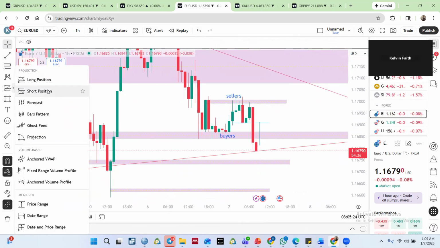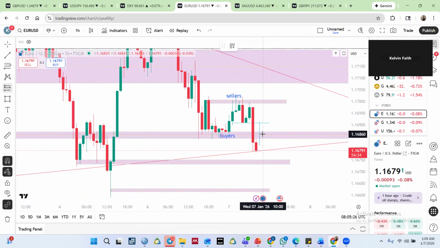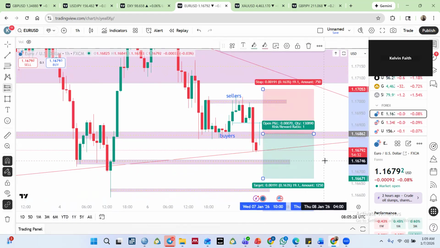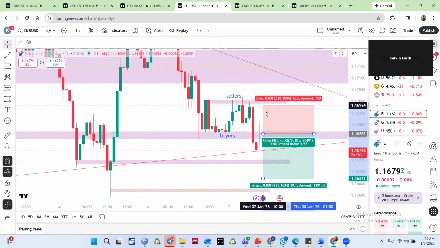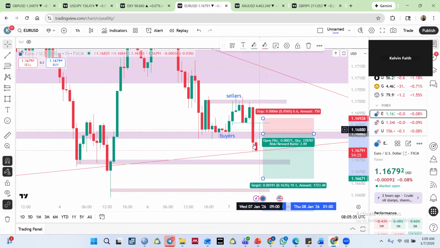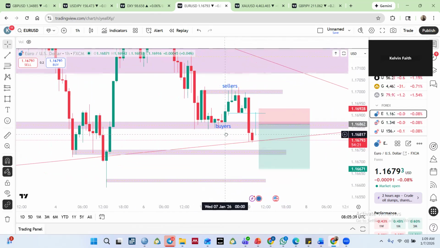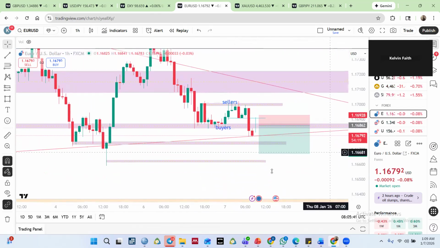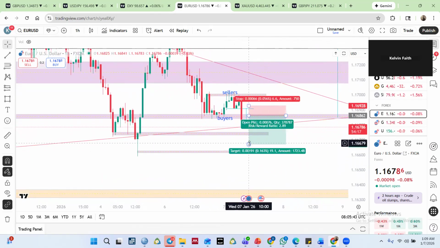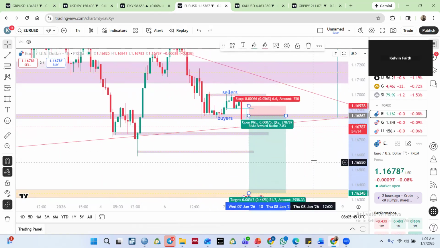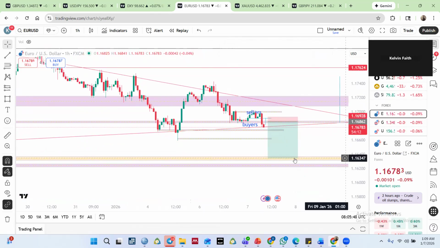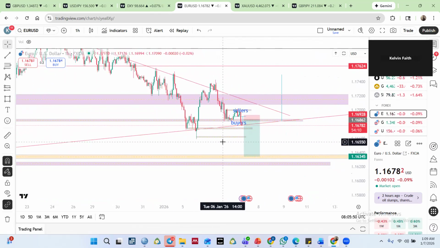So from this zone, selling from this zone, stop loss should just be a little bit above here. Price might still want to push up to retest. But looking at price coming into this area under 1 hour.